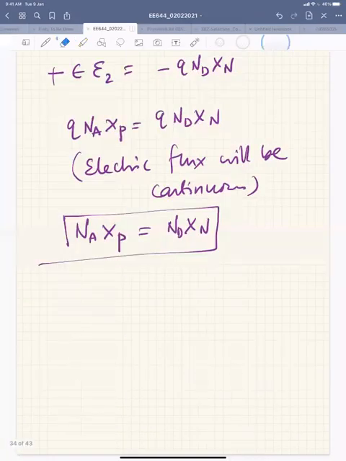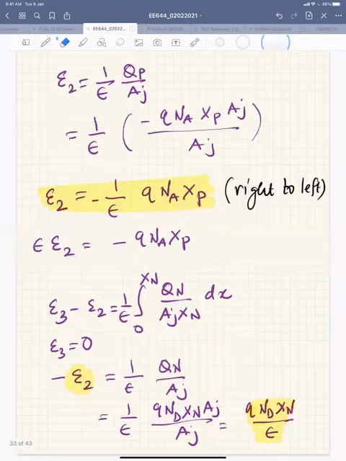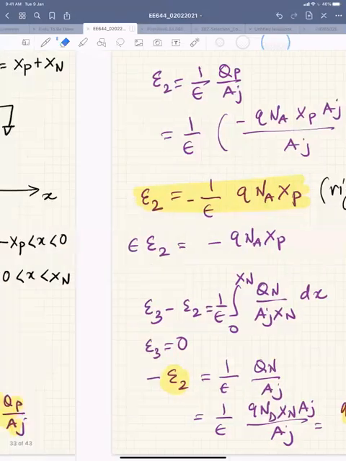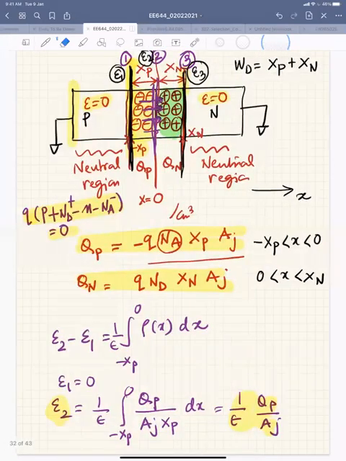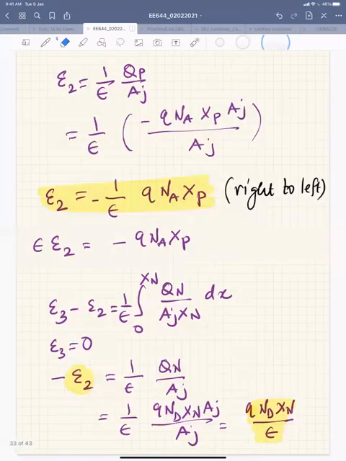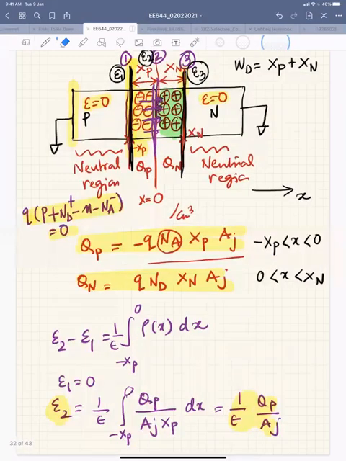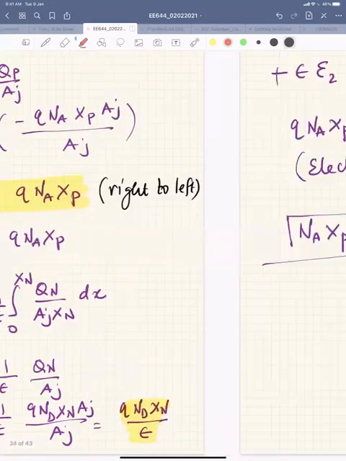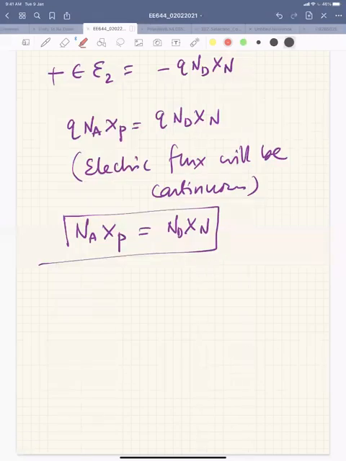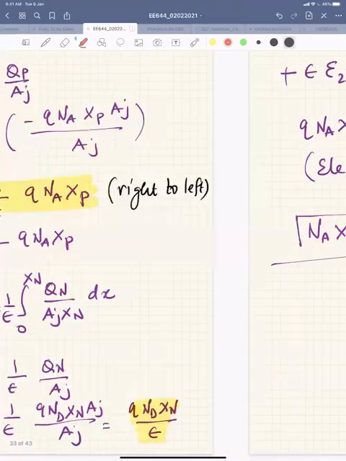Then when you take epsilon times the electric field, that will give you the electric flux. So epsilon times electric field E2 is the electric flux entering the xn region, the depletion region in the n side. If you look at this boundary here, the electric flux should be continuous.